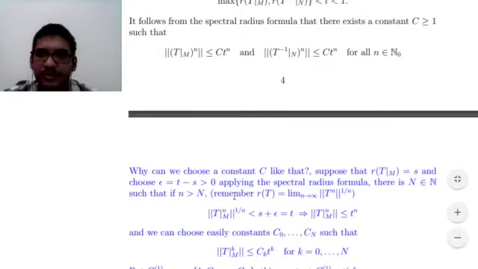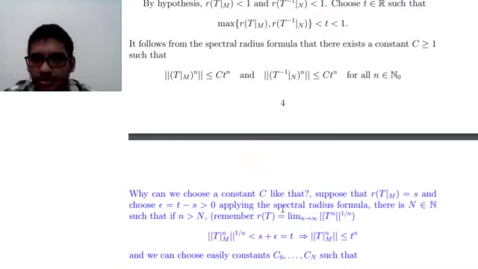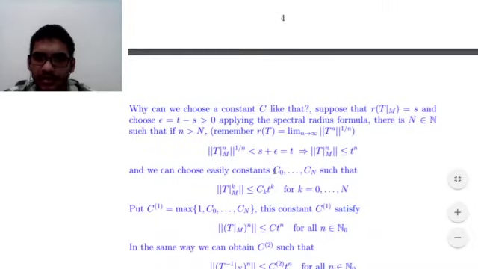This is greater than 0 because remember this t is greater than this number R, the spectral radius of T restricted to M. So you have a difference greater than 0, okay? So using the spectral radius formula, there is N in N such that if n is greater than N, you will have this.